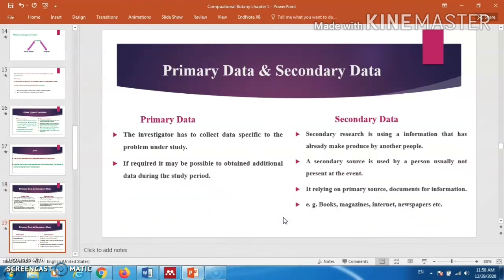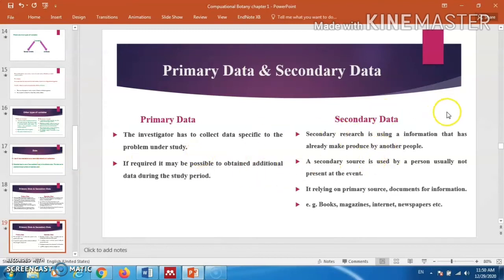Then there are some other distinguishing features of primary data and secondary data. The investigator has to collect data specific to the problem under study. It means there is a specific aim behind collecting a particular data.